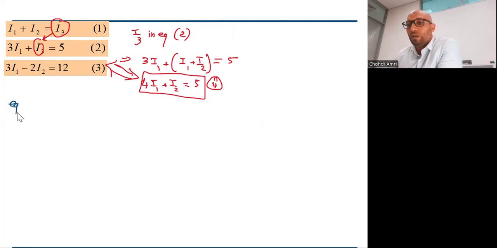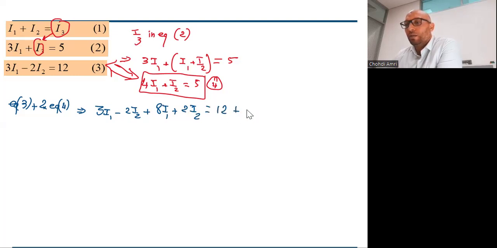So equation 3 plus 2 times equation 4. What we're going to get? We will get 3I1 minus 2I2, plus 2 times the equation 4, so that means plus 8I1 plus 2I2 equal 12 plus 10, that is 5 times 2.